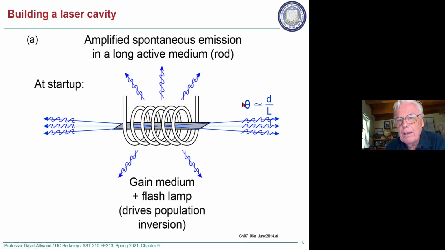And so the emission angle is basically the diameter of the rod over the length, okay? And that's at startup. And everything goes in both directions. So you've got photons coming out to the right and photons coming out to the left, okay? So that may change depending on the cavity and components we put around it, but that's the way it starts.